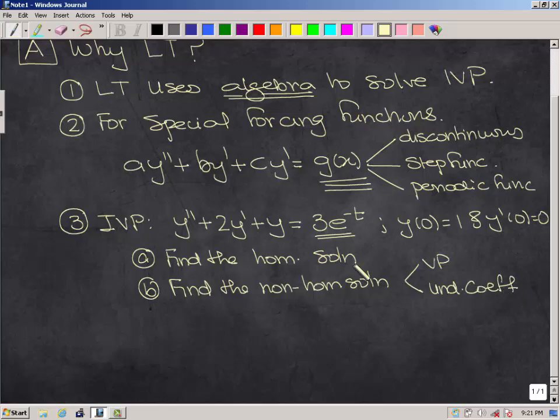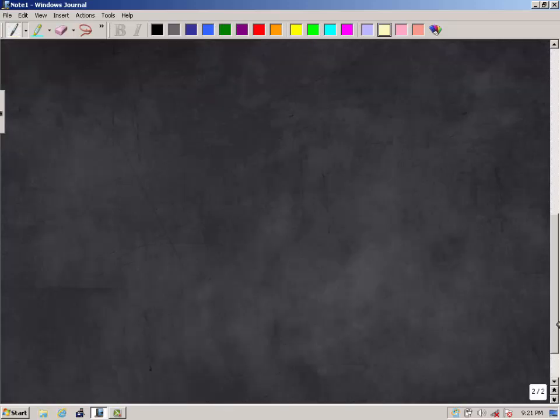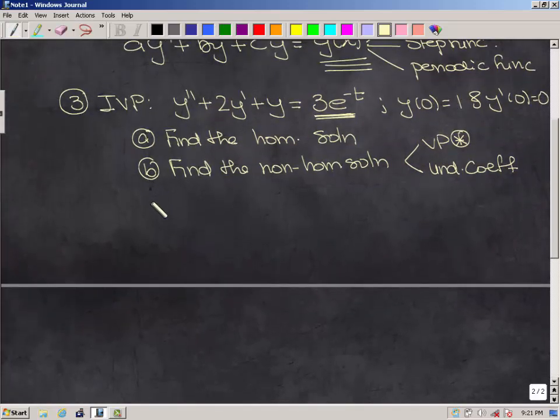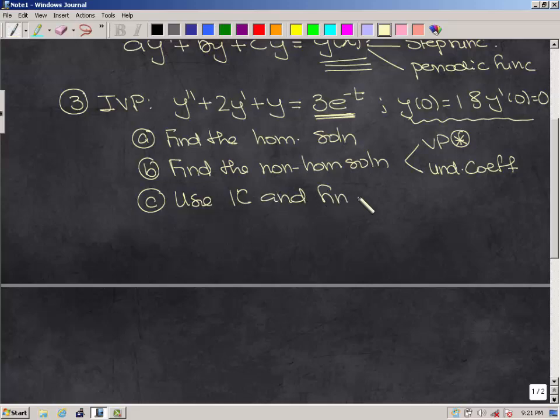And just so you know, in this example it would be smart to use variation of parameters, because the forcing function is going to get complicated: the homogeneous solution includes the forcing function terms. We'd have to keep multiplying by t till we get to a point where it's no longer part of the homogeneous solution. Then once we get done with all of that, we would have to use the initial conditions and find the constants.